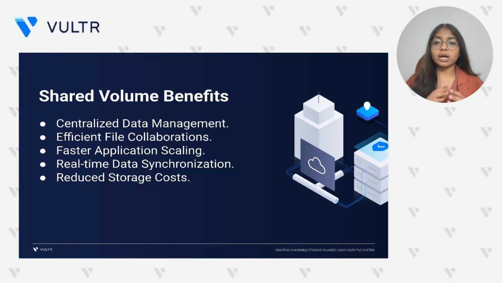Changes made on one instance are immediately available on others, ensuring real-time data sync. And when it comes to cost efficiency, Vultr File System eliminates the need for provisioning separate storage for each instance, optimizing resource utilization and cutting cost by sharing a single storage volume. So this was Vultr File System in a nutshell.